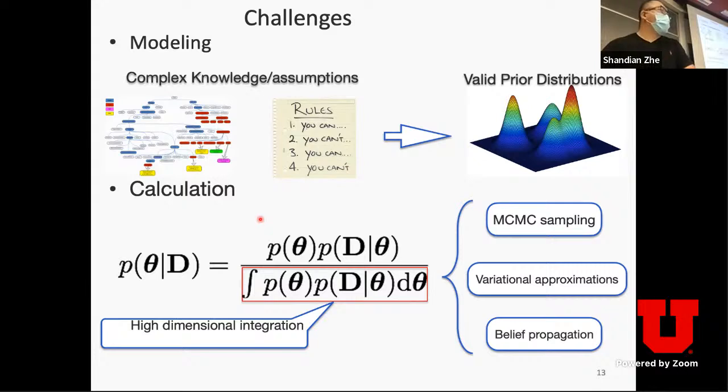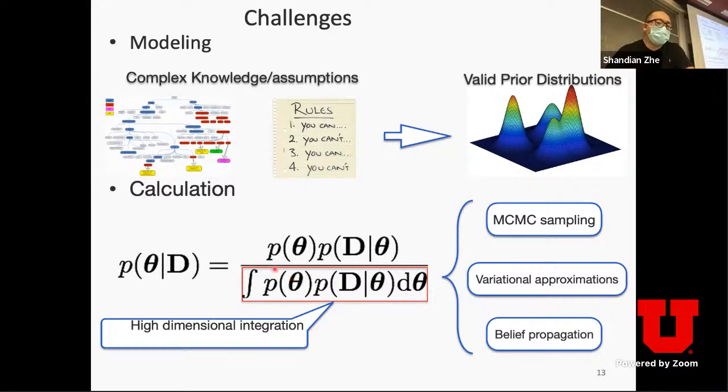probabilistic learning also faces a severe challenge. As I just mentioned a moment ago, if you want to compute the posterior distribution of anything you're interested in, represented by theta here, you should multiply the prior with the likelihood and divide it by the marginal distribution of the data.